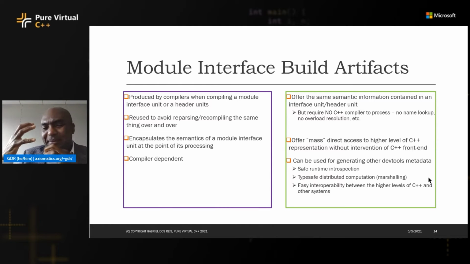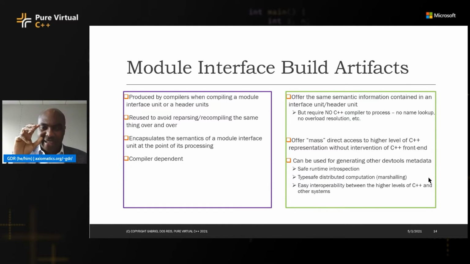So this rich representation can be used to generate a bunch of other data for tools. We saw earlier a talk on runtime safety checking. Now you actually have a data structure that can aid that. If you want to do runtime JIT, you can use this representation to do that.